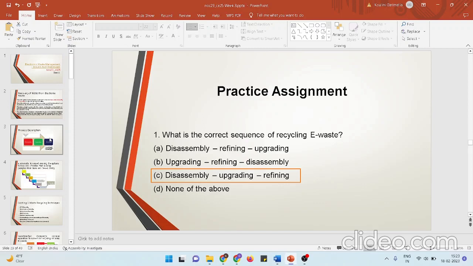One minute, I'll tell you. Generally, upgrading means making it into a better product, so that you can reuse it for a further period of time. Okay, thank you.